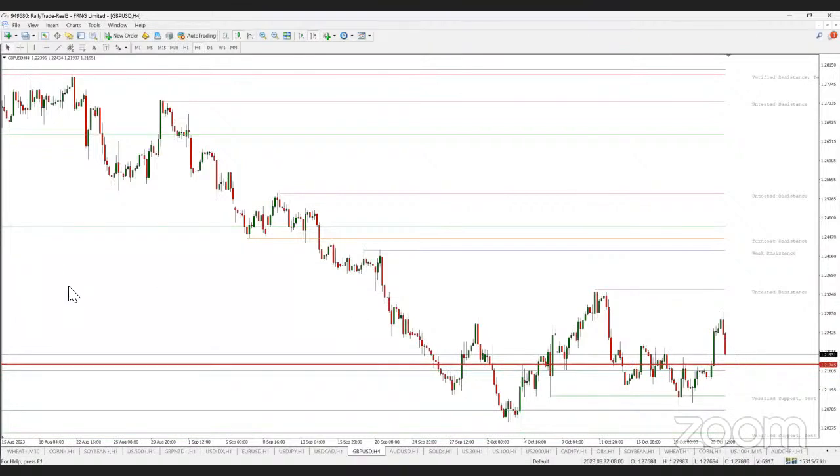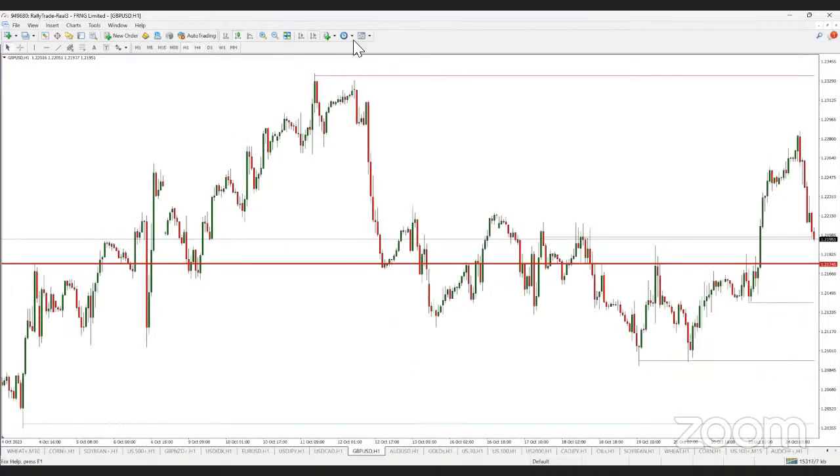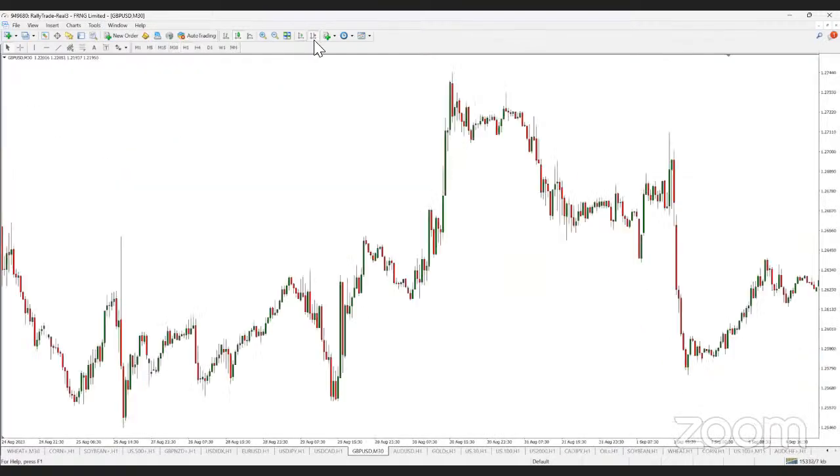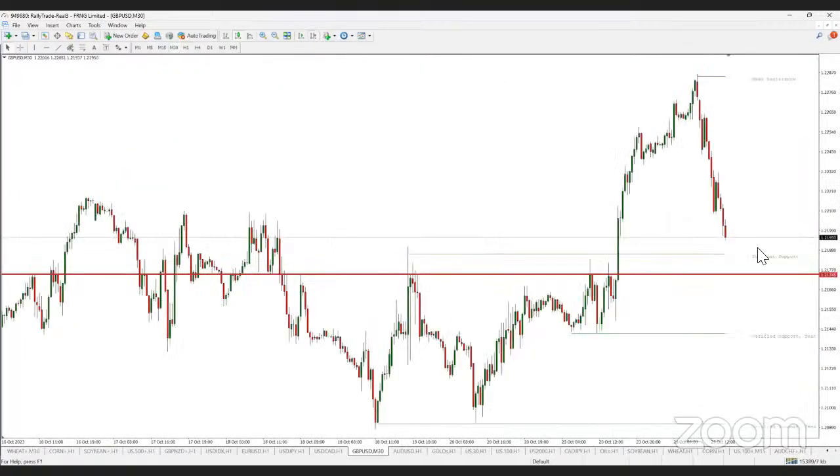So GBP USD, I am taking a look at it on daily time frame and 4 hours time frame. It is already giving us that sell direction. So the support on 1 hour time frame is just a turncoat support. It will not really hold a lot of water. Looking at it also on 30 minutes time frame, you could tell.